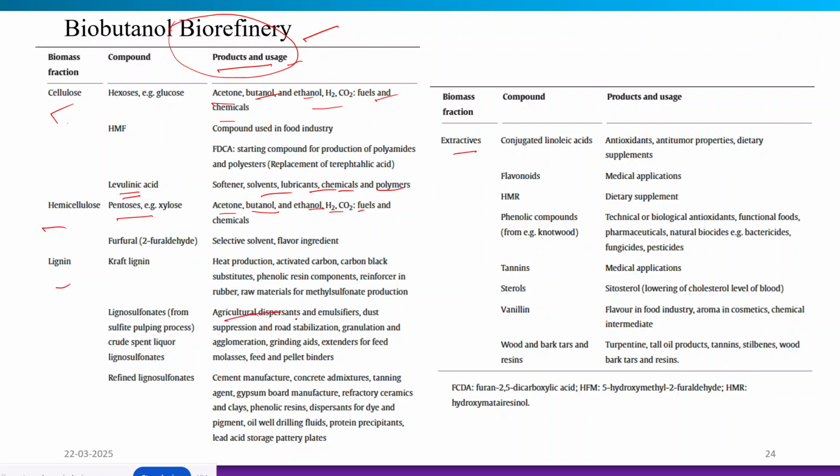You can see there are some uses like agricultural dispersant and emulsifier. Also there are medical applications in the extractives. So depending on the biobutanol production, we can also build up a good field of chemicals for the biorefinery.